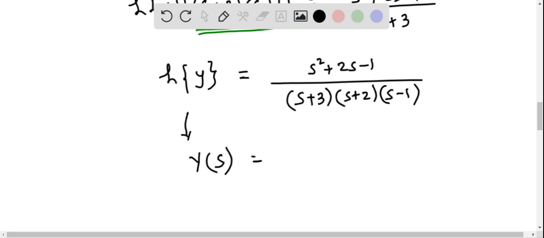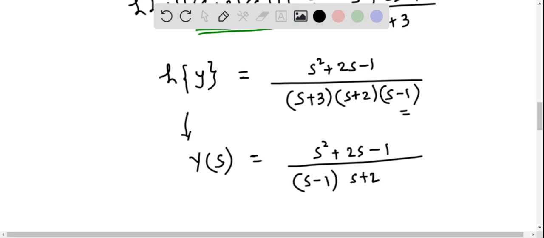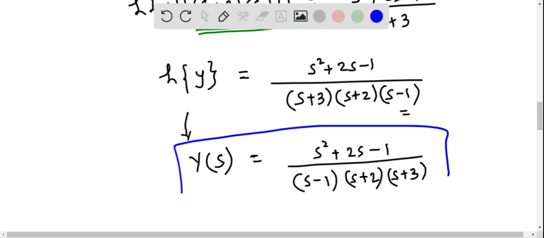So this equals s squared plus 2s minus 1 all over, I can put this as the first term, s minus 1, and then times s plus 2, and finally the last term is s plus 3. So we have determined the Y of s for the initial value problem. So this is the expression for Y of s. Therefore, answer choice 4 is correct.